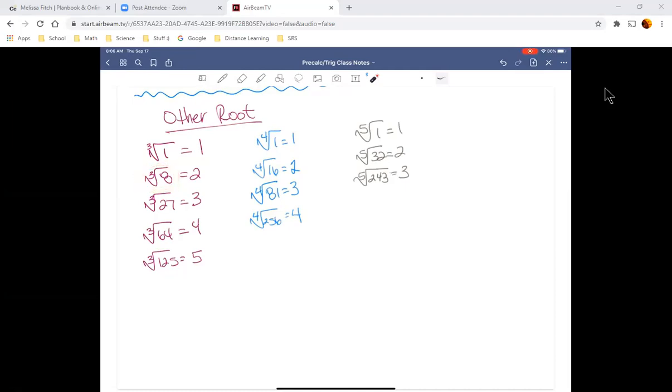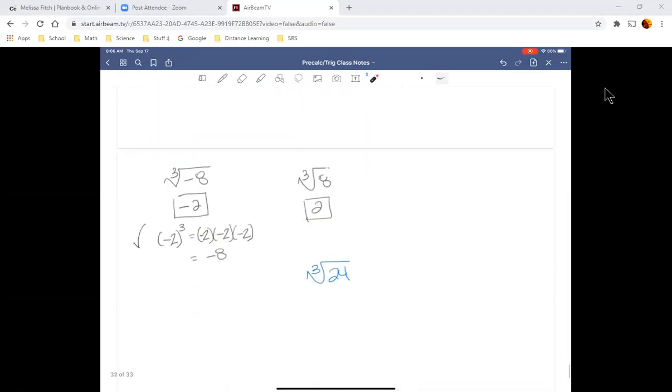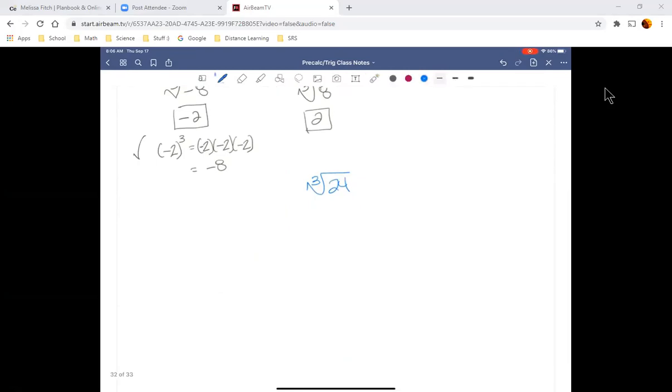Just like when it came to doing square roots, we can break this down into our perfect cubes. So we have the third root of 8 times the third root of 3, right? 8 times 3 is going to give us 24.